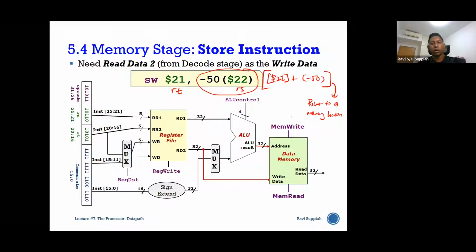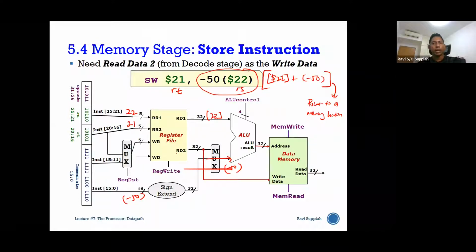All the earlier operations that we saw for load word will still carry on over here. 22 will come here, 21 will come here, 22 content will come here. Negative 50 will be here, I will extend it and put it over here.